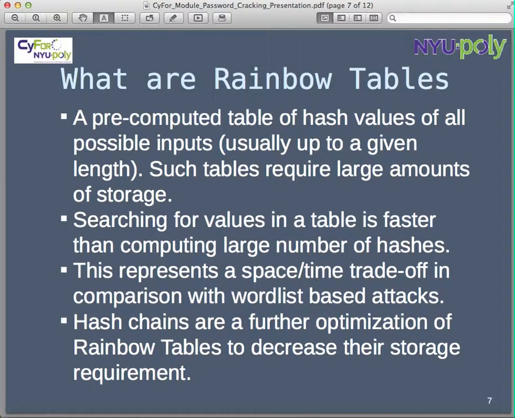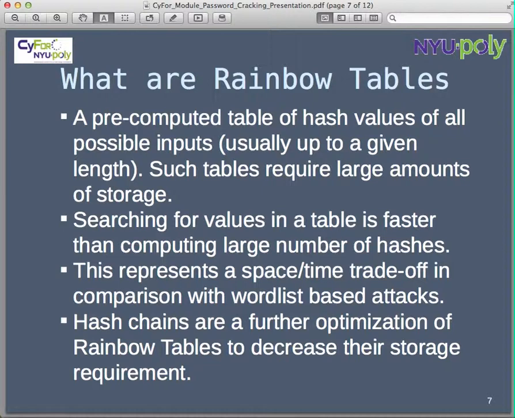So in a typical brute force attack, there's a lot of computational power that is necessary in order to compute the large number of hash values, but not a whole lot of memory or storage is needed. Whereas in case of rainbow tables, you need a significant amount of storage to store the tables, but the computational effort involved in computing and finding a match is significantly lower.